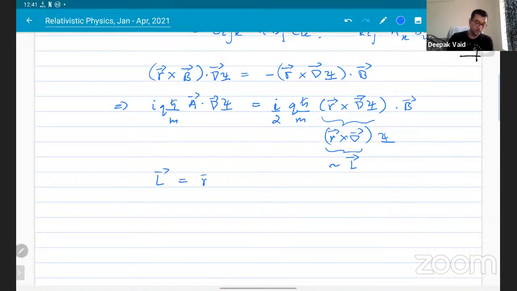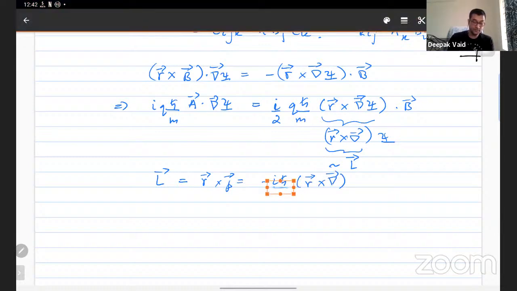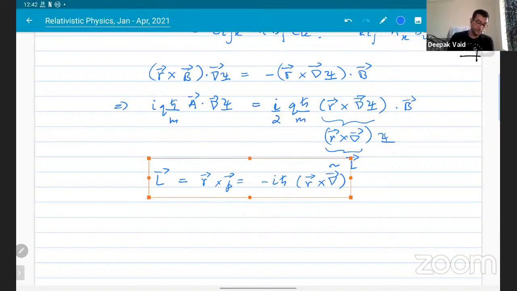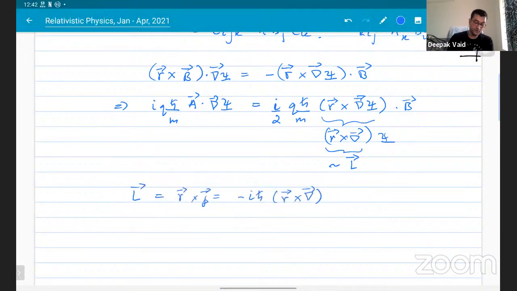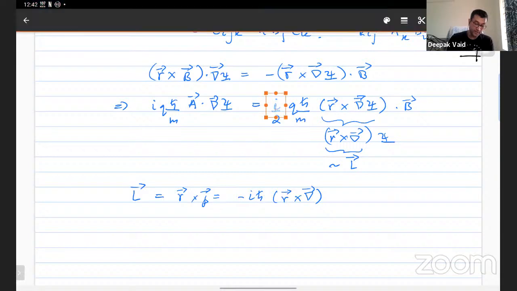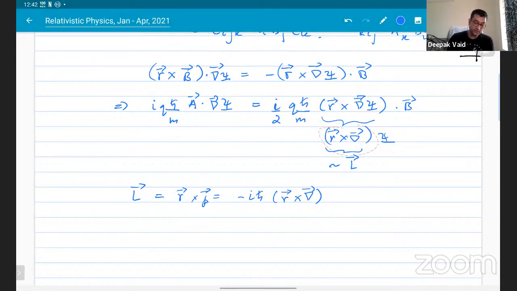L is equal to R cross P, which is equal to minus i h bar R cross the gradient. So this is the expression for the angular momentum operator. In this expression, we have i, we have h bar, and we have R cross the gradient.